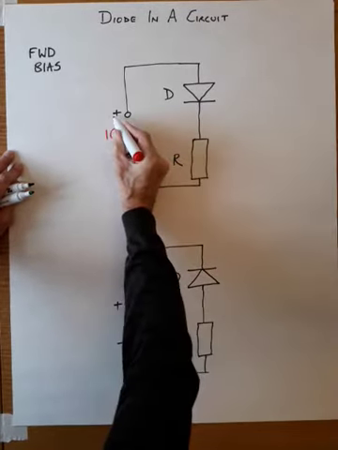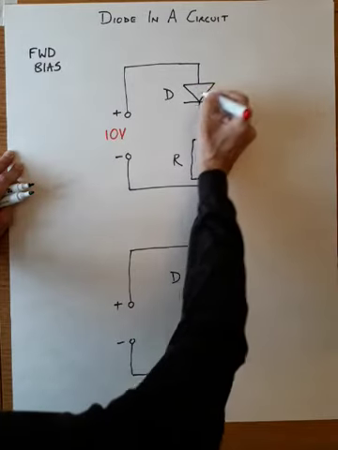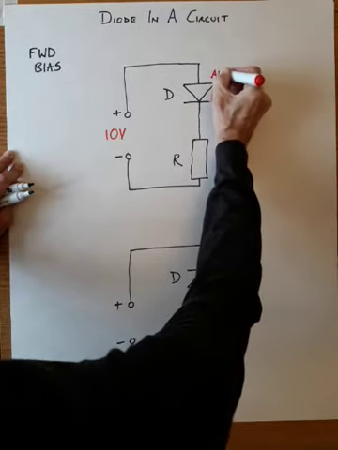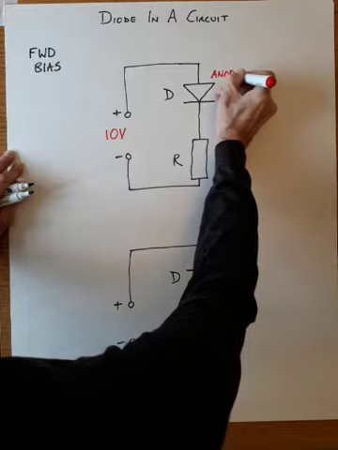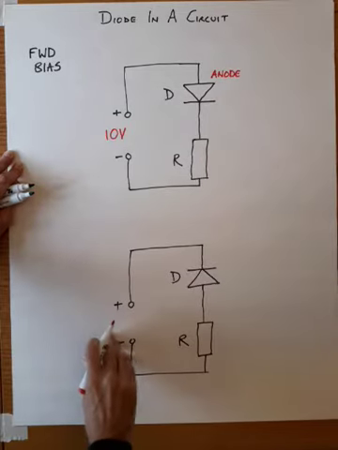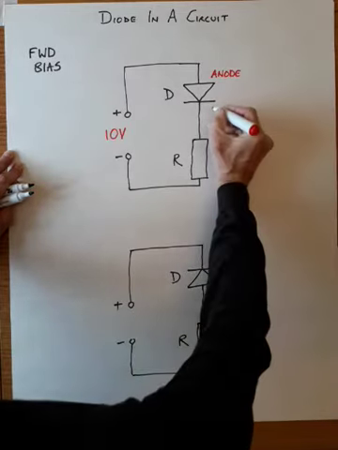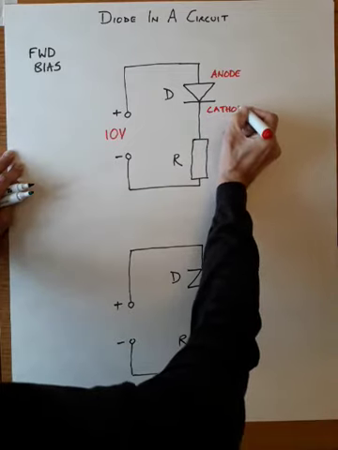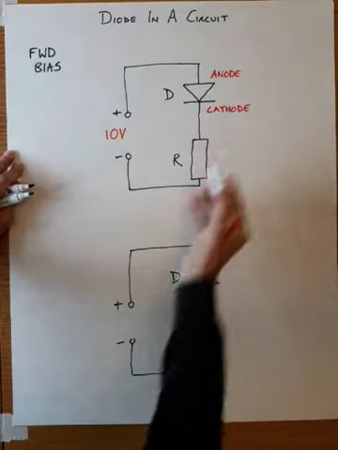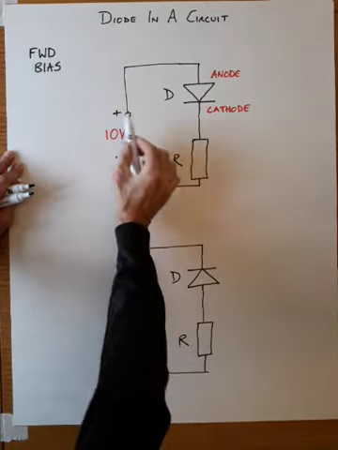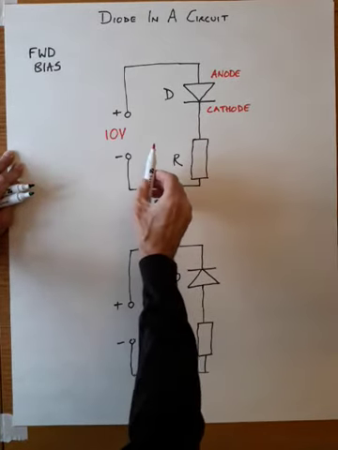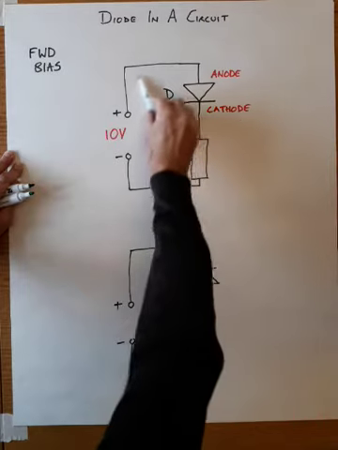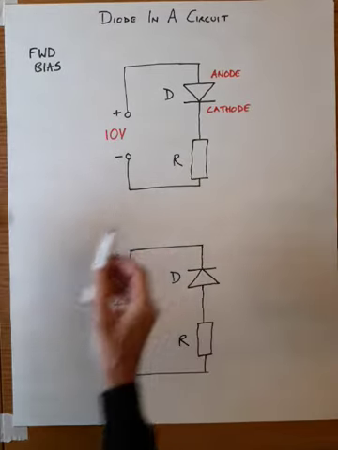Then this is positive and it is connected to the anode on the diode. The other terminal is the cathode. So with 10 volts connected, I have enough potential voltage in the circuit to make this diode conduct.